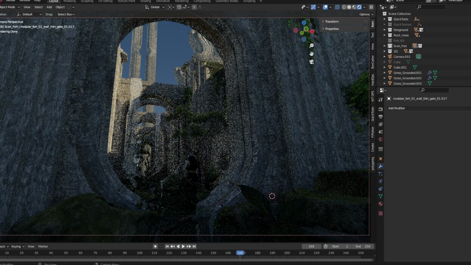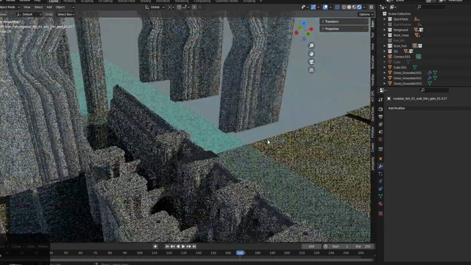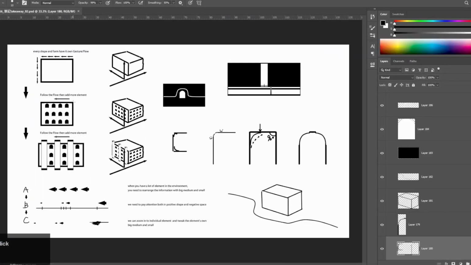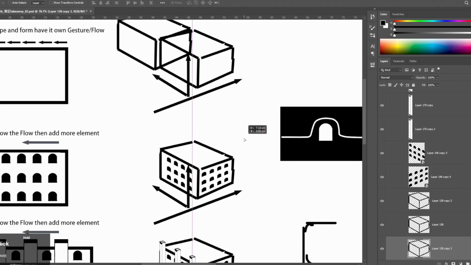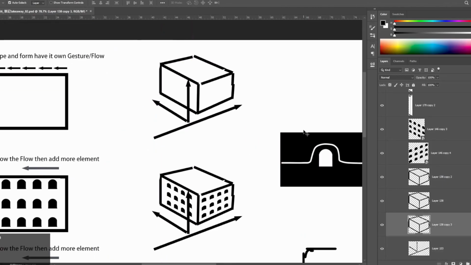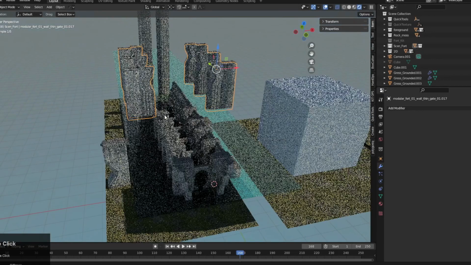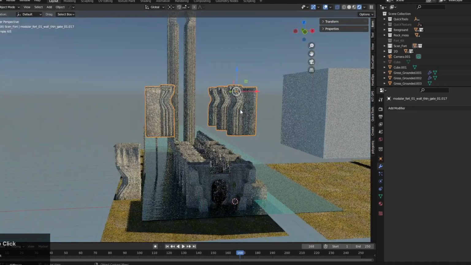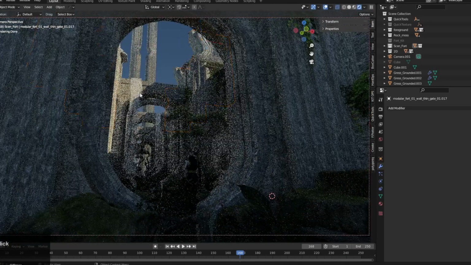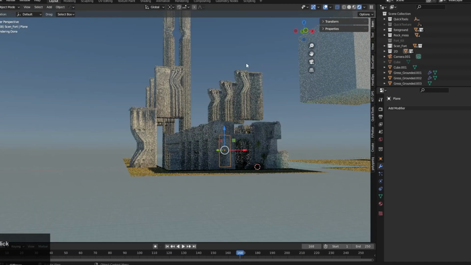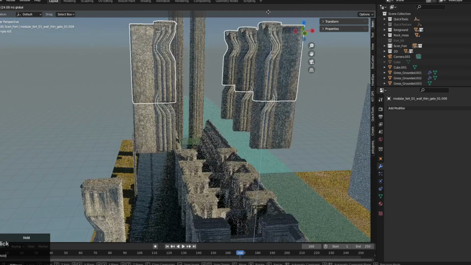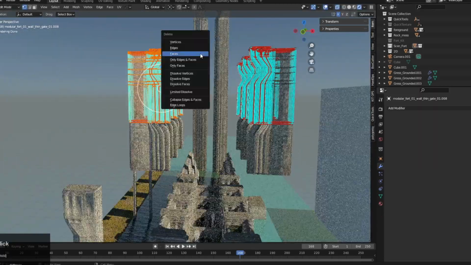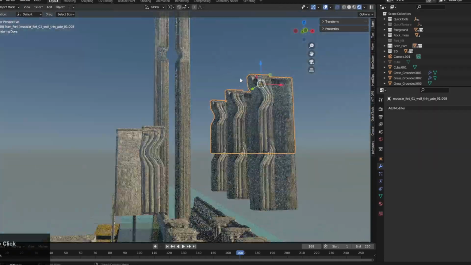In this chapter, what I'm trying to do is continually increase the variety of our design by duplicating some of the elements. When we try to increase the diversity of our design, there are many ways.